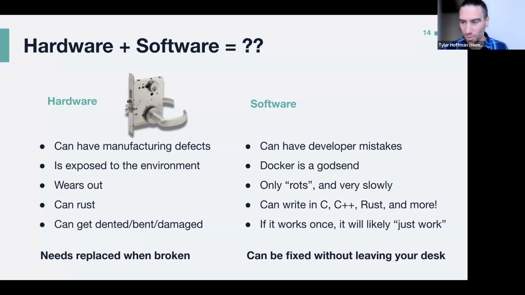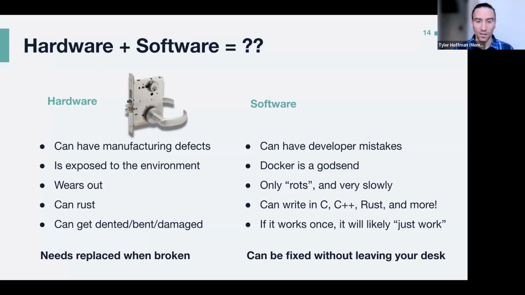It usually means replacing the lock itself. But oftentimes, like the lock doesn't work, or maybe the watch doesn't work, or the step tracking doesn't work, it's oftentimes a software bug. Software is generally, comparatively to hardware, pretty easy to fix. You can ship a firmware update and the bug can be fixed. You can write in various different languages that can reduce your likelihood of bugs in the future.